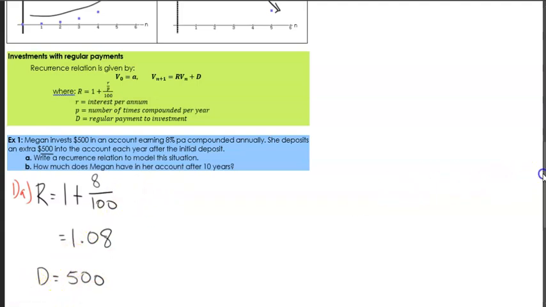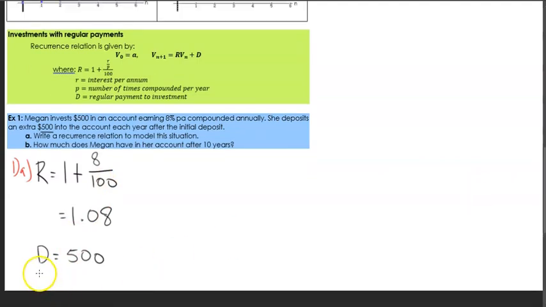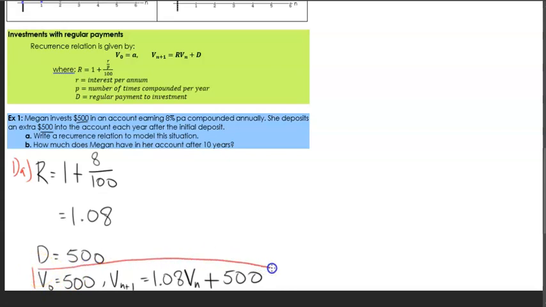So V of 0, our initial amount, how much she's putting into the account as an investment initially, is 500. To get our next term, V of n plus 1, we get a previous term and we multiply it by 1.08 and then add $500 on top of this. And this right here will be a recurrence relation for this example.